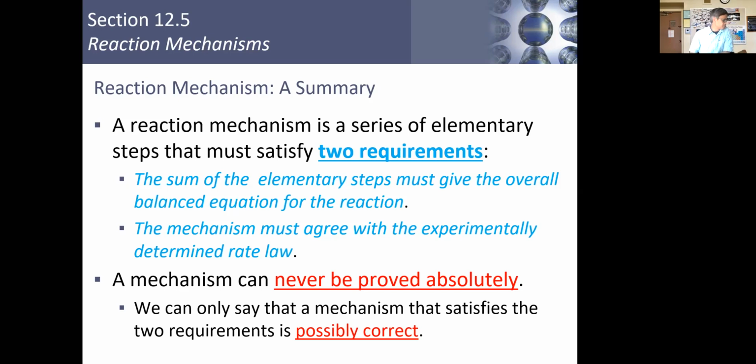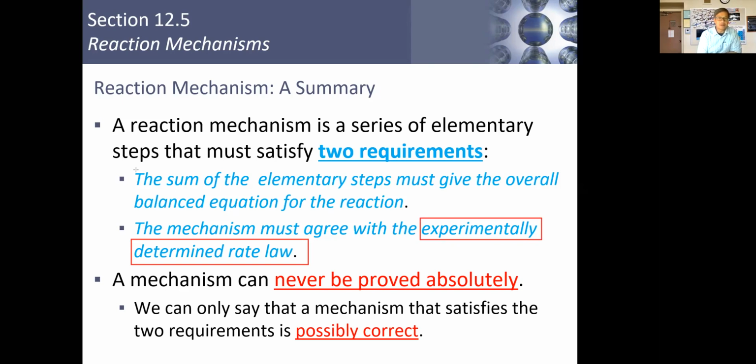And so that's what I told you. For the mechanism to be valid, two requirements must be met. Okay? And like I pointed out to you just now, what has to happen is that the experimentally determined rate law has to match whatever rate law we are able to propose for our mechanisms.